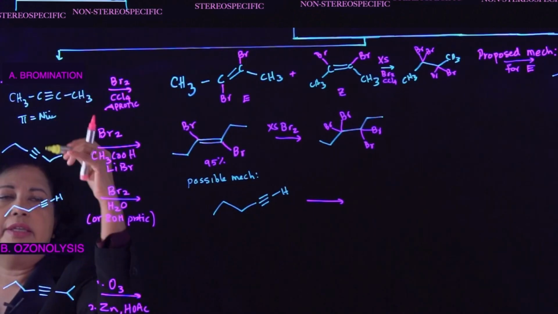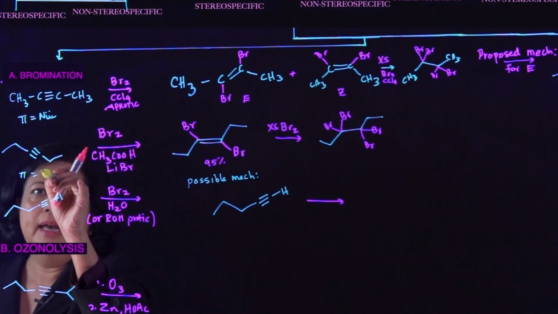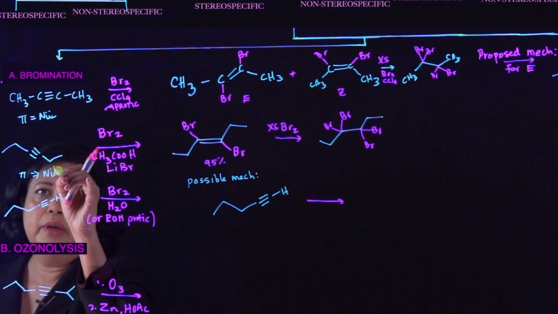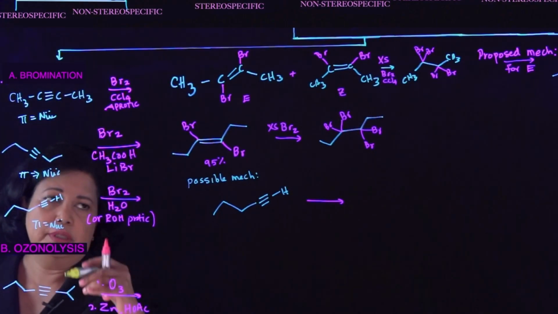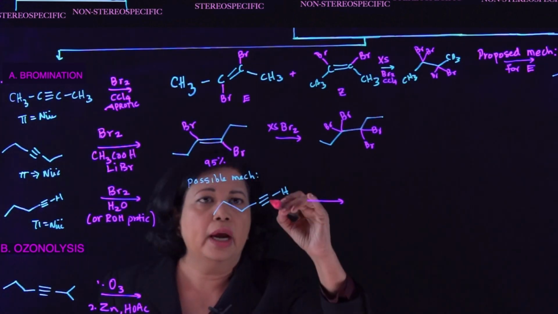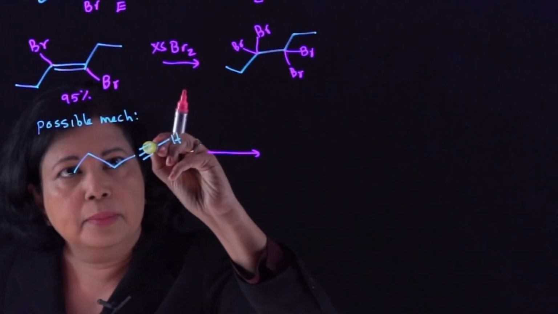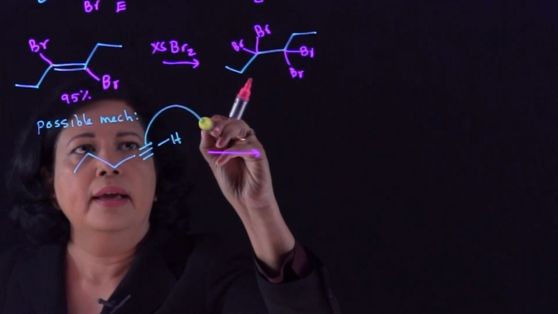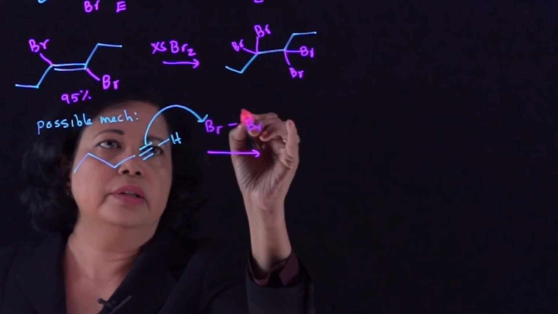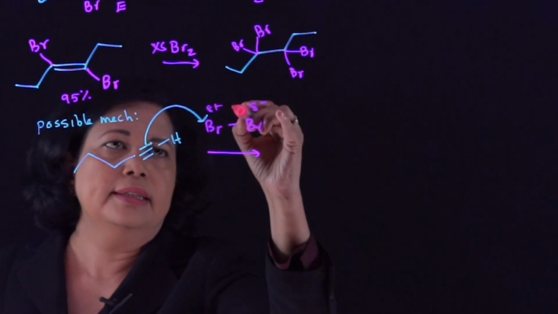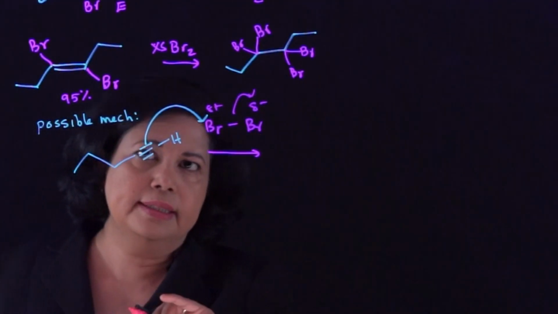I haven't written it out here as much as I did in alkenes, but it's the same story. When you have pi bonds, they are your nucleophile. Pi is always going to start off as your nucleophile, so make sure your arrow starts from the pi. And then you can attack a bromine, and the bromine here is very polarized, and so you can kick out one of the bromines.